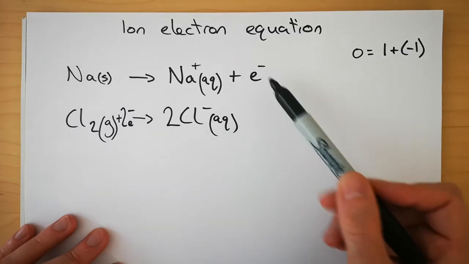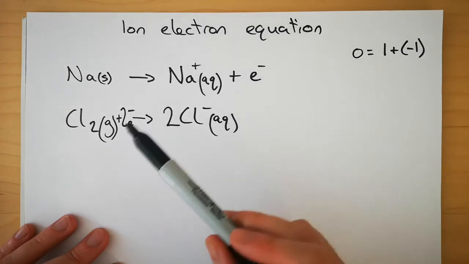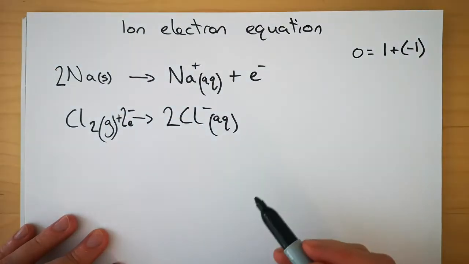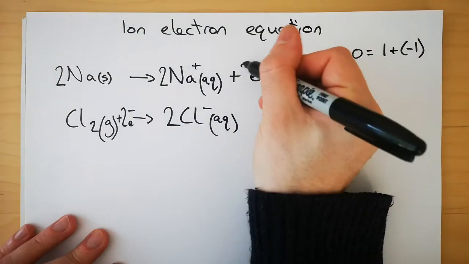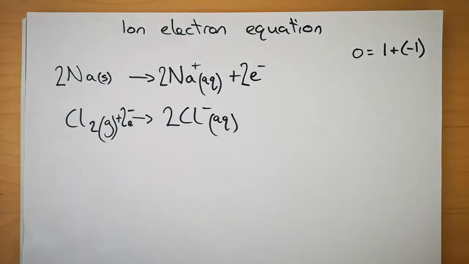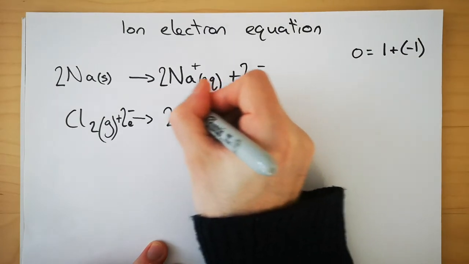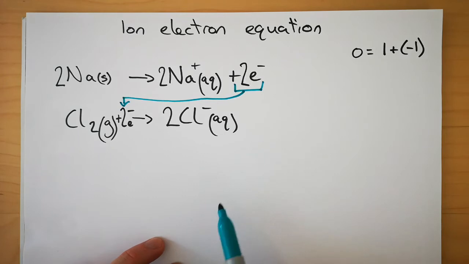But how many electrons did I actually get out of the sodium? Well, I only got 1. So to give me 2, I need to start off with 2 sodium atoms. That will give me 2 sodium ions, and then that will give me 2 electrons there. Those 2 electrons then go into our chlorine, producing our chlorine ions.